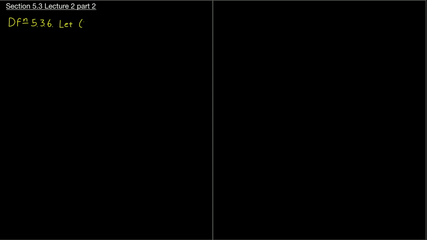So we start with a metric space and a subset of that metric space. This subset might be open, it might be closed, it might be neither. Very rarely will it be both.